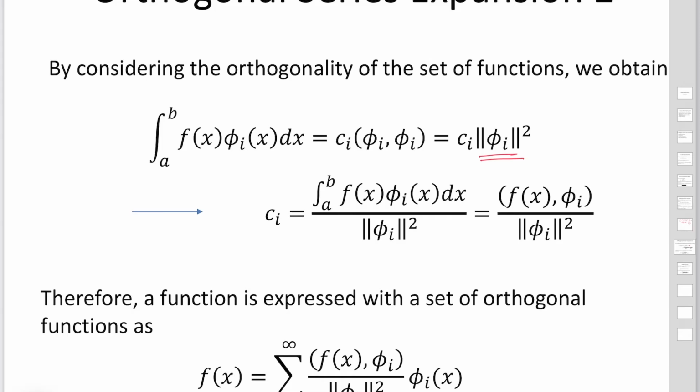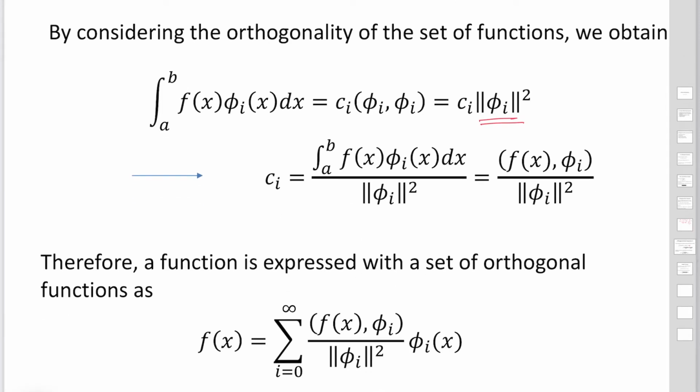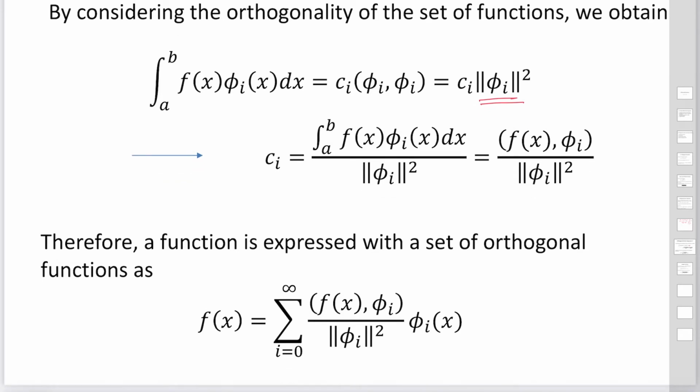So c sub i is expressed as the integral of f of x phi sub i of x over the square of the norm of phi sub i. That is, c sub i is the inner product of f and phi sub i over the squared norm of phi sub i.